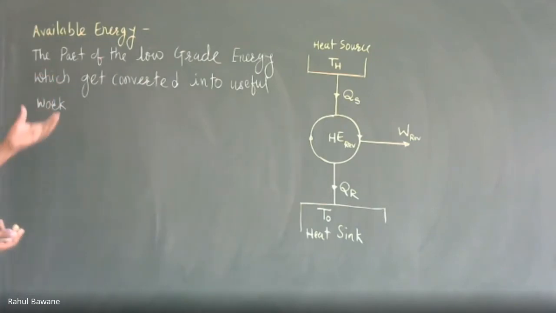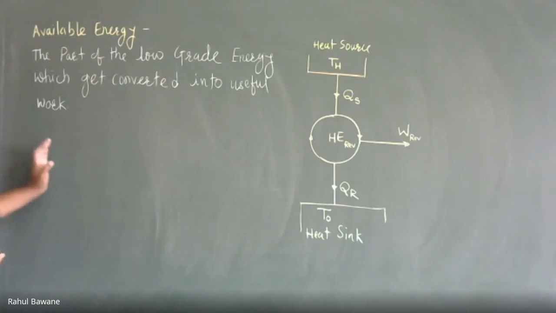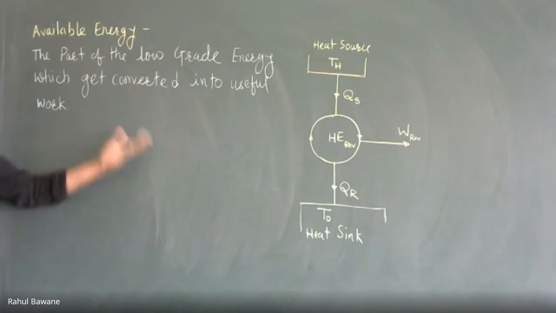So this much energy which is actually converted into useful work, that portion is only called available energy. The remaining portion which is exhausted, rejected, that is not available, so it is called unavailable energy.